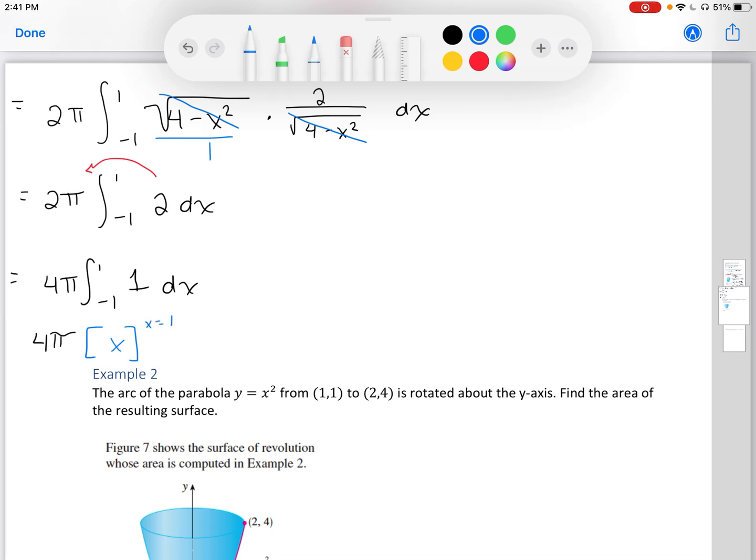And we're saying x goes from 1 and x goes to negative 1. All right. So we have 4 pi, and I have 1 minus negative 1. So that we're left with 4 pi times 2, which is just 8 pi.